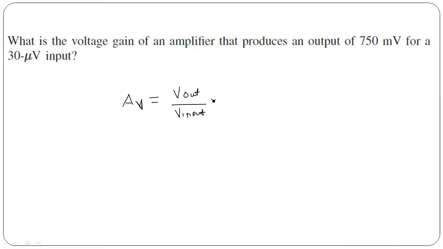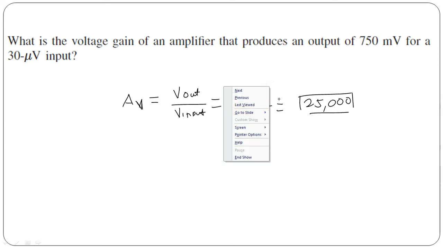Okay? So, 750 millivolt divided by 30 microvolt. So this is equals to 25,000. So this is unitless, no? Kasi ratio. Makakancel yung voltage sa numerator at saka sa denominator.